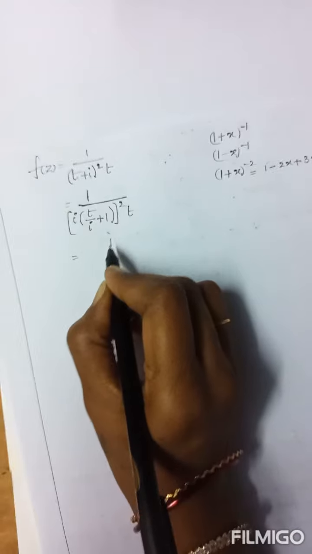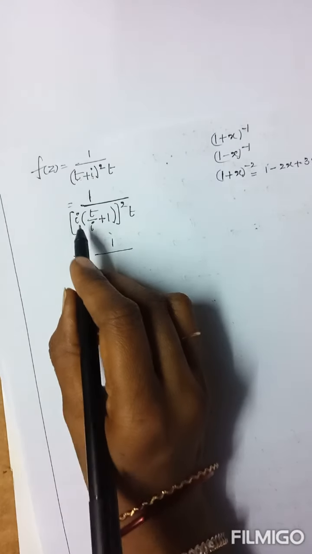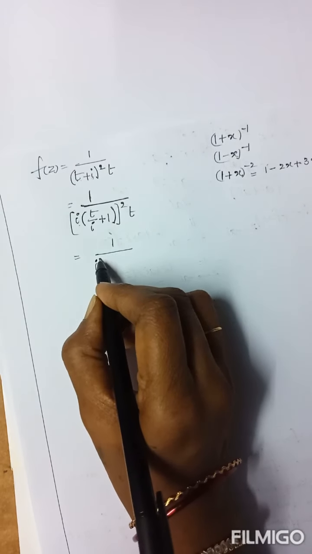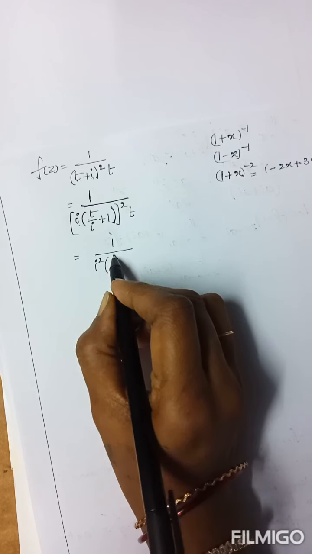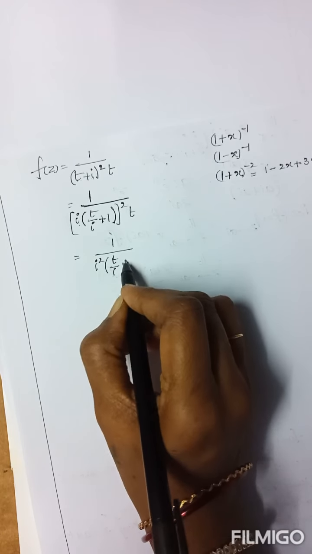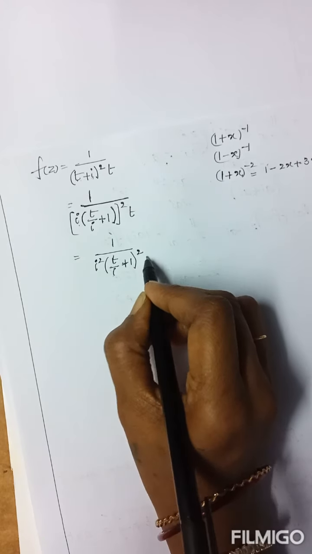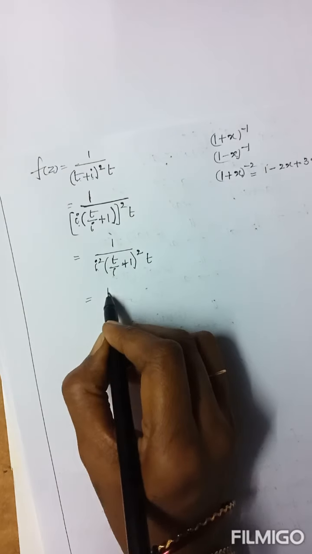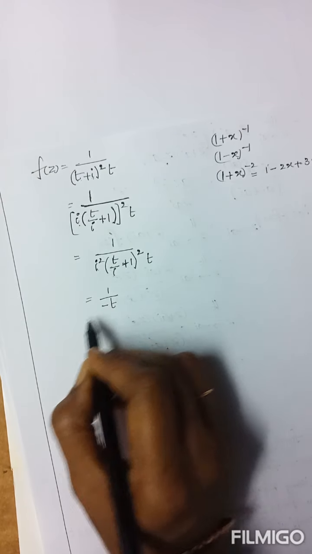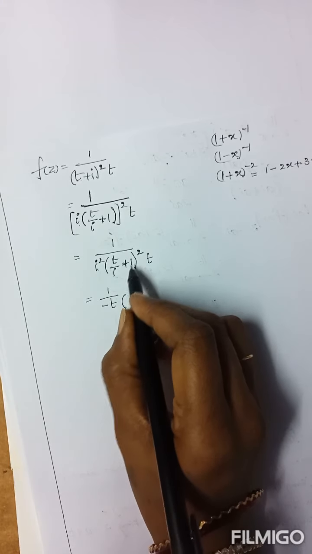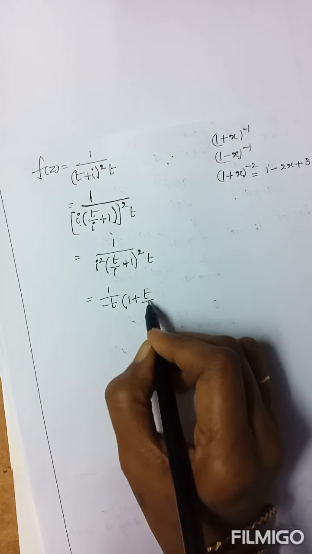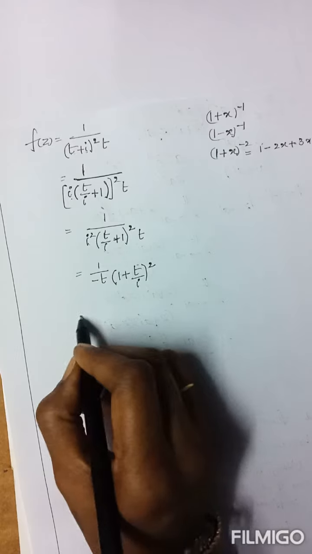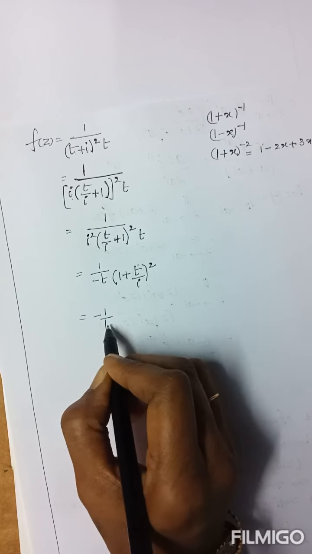After that 1 by, this square is applicable for both factors. The first term is i square, the second term is (t by i plus 1) whole square into t, that equals i square, which is minus 1. So here it is 1 by minus t. The remaining factor is also written as (1 plus t by i) whole square, that equals minus 1 by t, a purely single term.